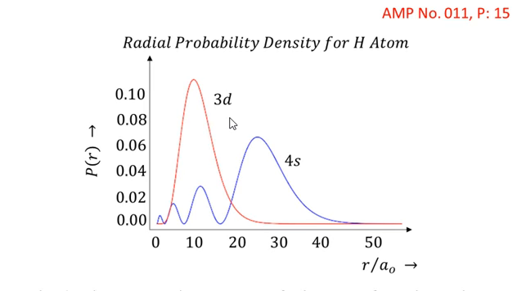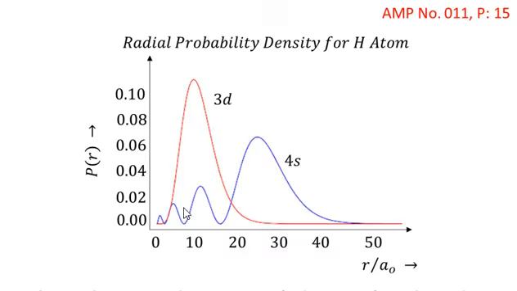You can see that there is a peak corresponding to the 3d electron, and there is also a peak corresponding to the 4s electron. These peaks indicate the average distance at which these electrons exist from the nucleus. The 3d peak indicates that, on average, there is a high probability that the 3d electron occurs at a fixed distance from the nucleus, and the 4s electron is further away from it as far as its probability is concerned.